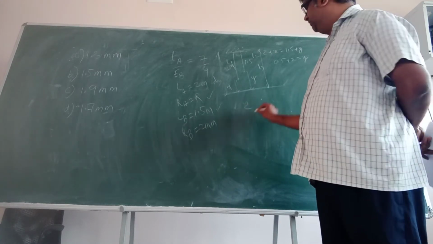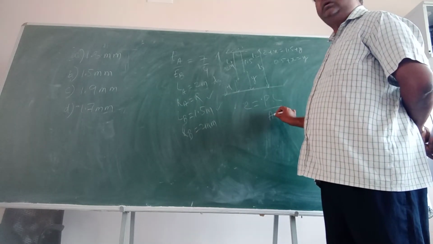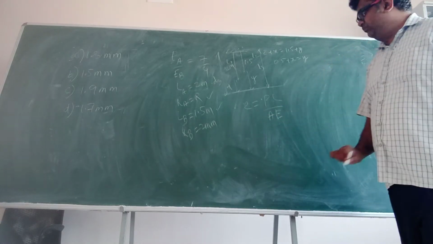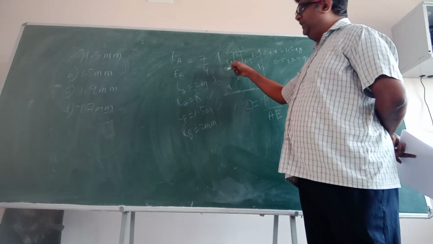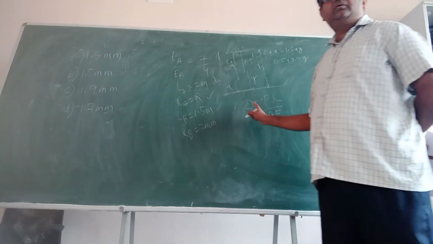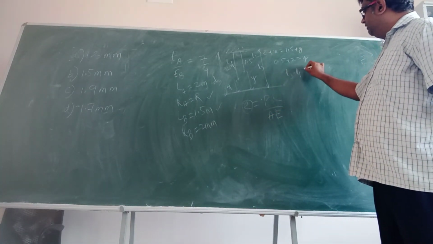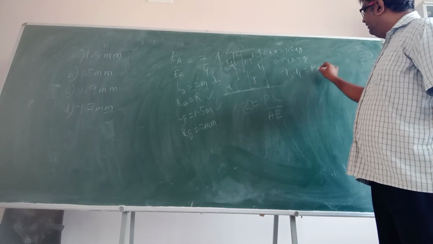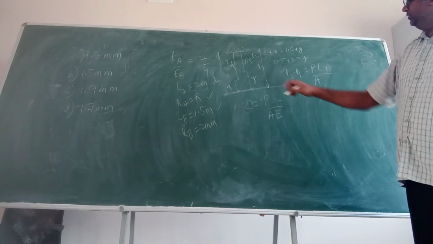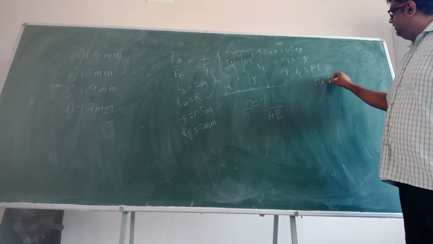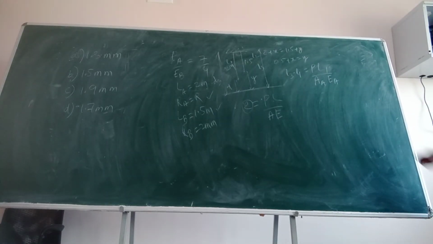Now, if I take the formula for e is equal to PL by AE. But what is e basically? e is L3 minus L1. Am I right? Elongation in the first case is L3 minus L1 is equal to P L1 divided by AA EA, correct?